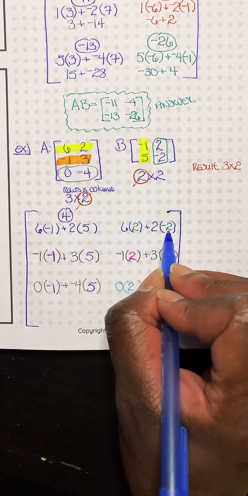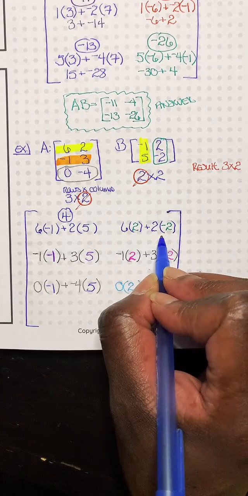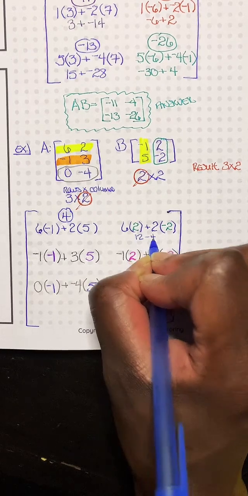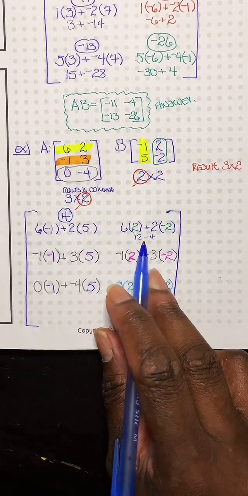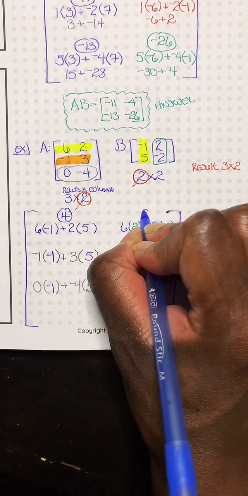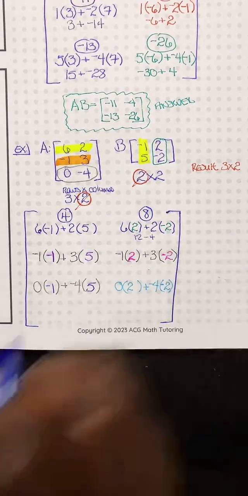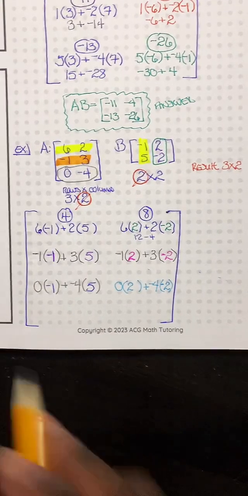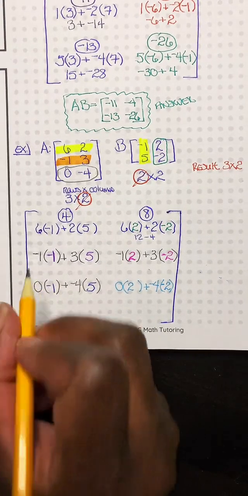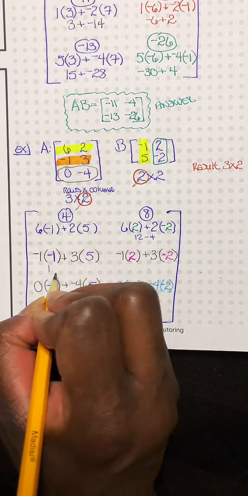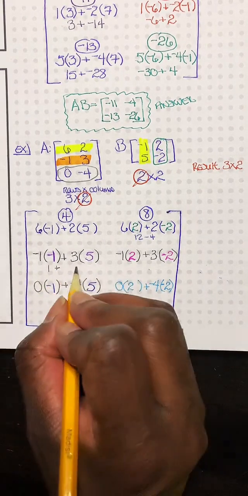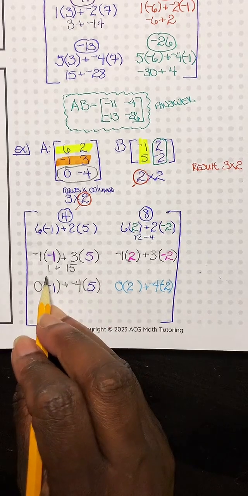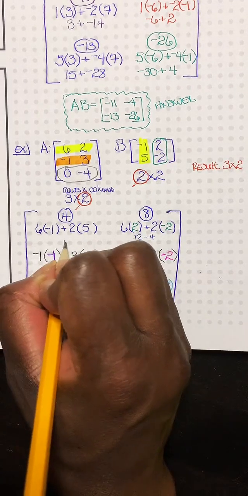Plus 2 times -2 gives me a -4. So 12 minus 4, because I'm a visual person too, means this element right here is an 8. Then we have -1 times -1 gives me 1, plus 3 times 5 gives me 15. 15 plus 1 gives us 16.